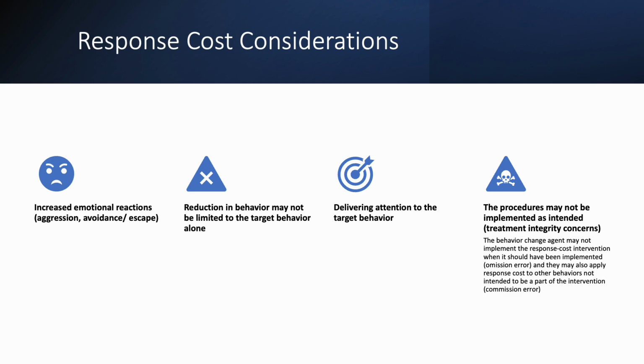When this does happen, you want to try to, like I said, pair the intervention with reinforcement. You want to make sure that you're delivering high quality reinforcement for those desirable behaviors so that we can get those occurring consistently and we can see a reduction in the maladaptive behaviors instead. So just be aware that that is a possibility of a response cost procedure.